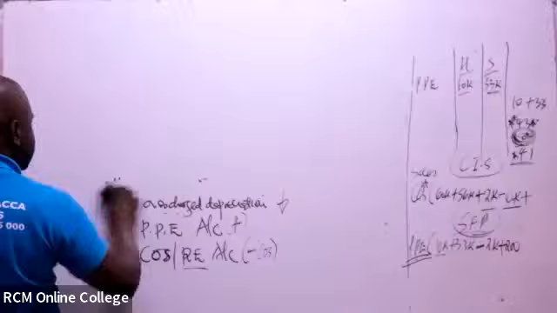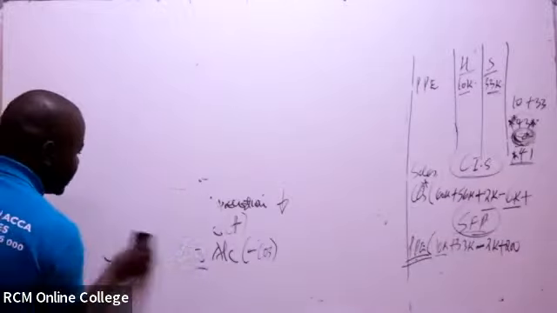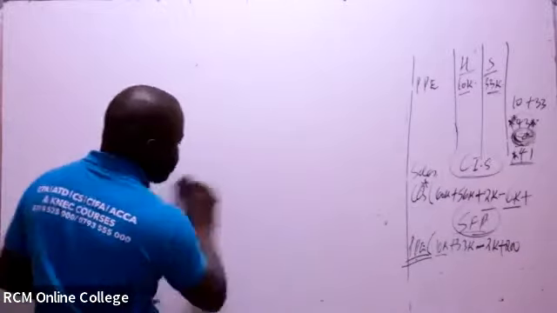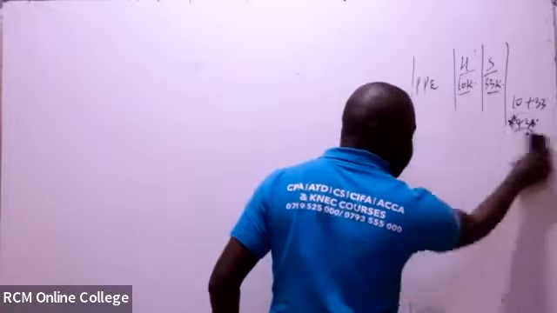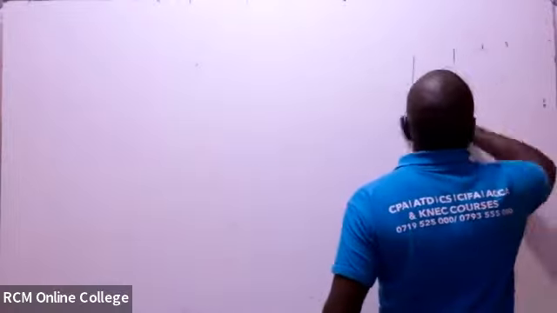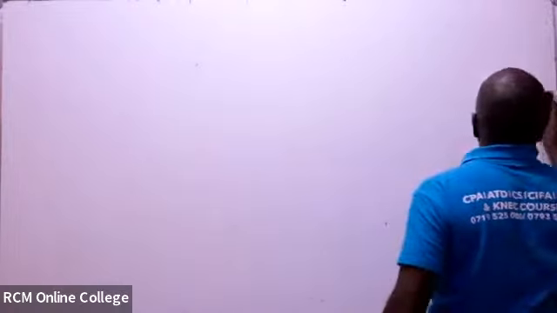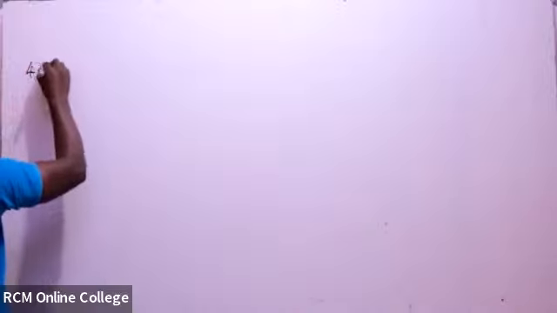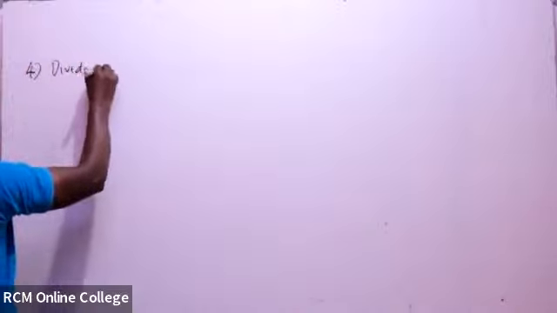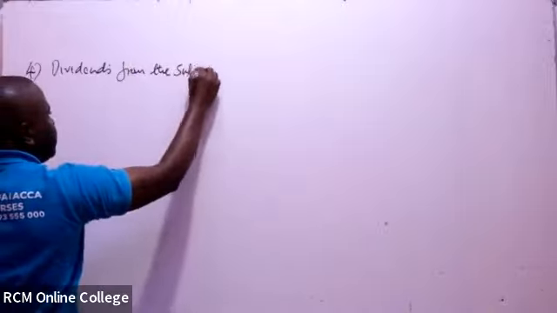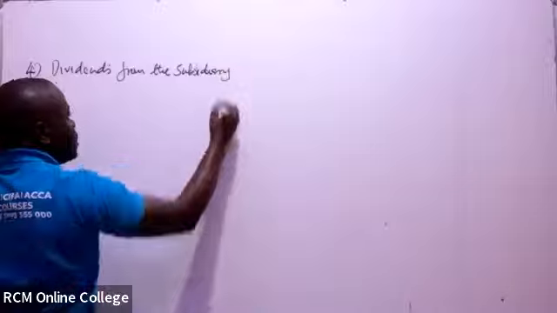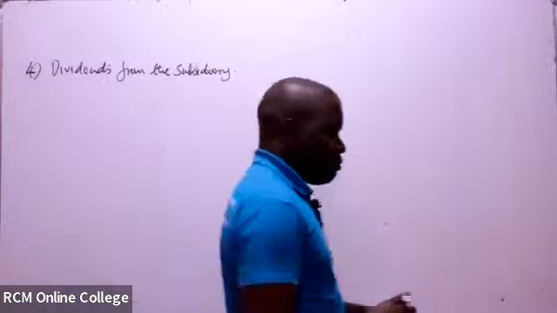What happens if there was a payment of a dividend by the subsidiary company to the holding company during the year? That is an intergroup balance, an intergroup payment that is being settled. So you write number four, dividends from the subsidiary.